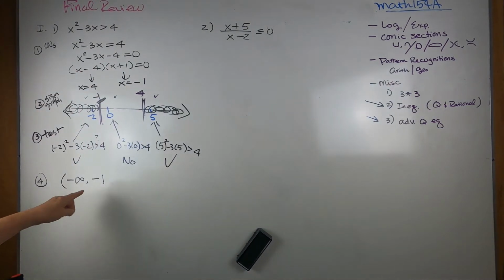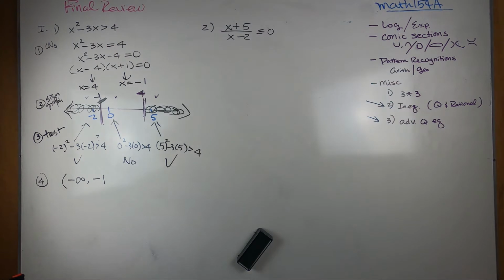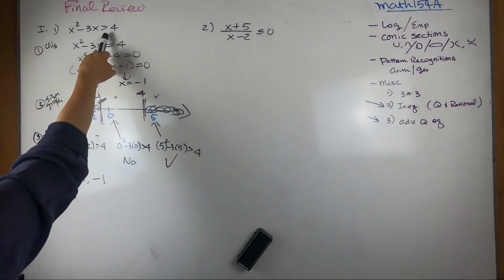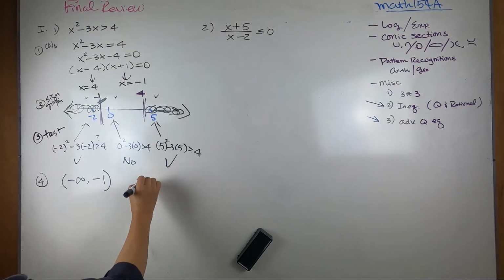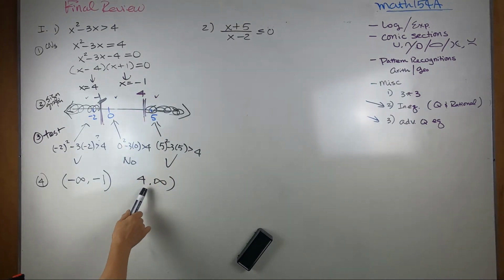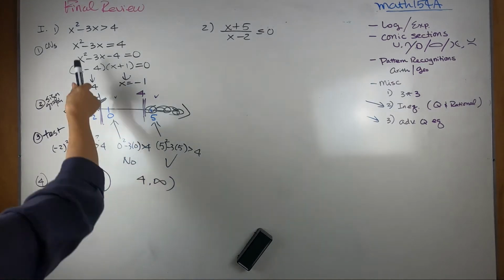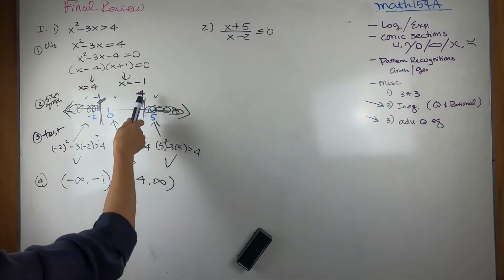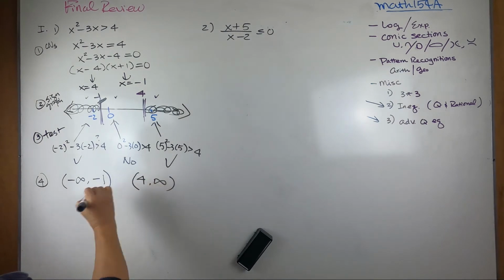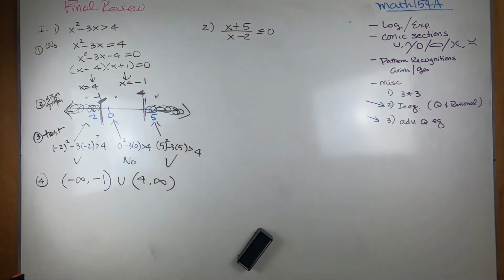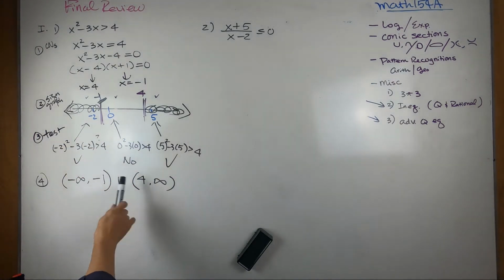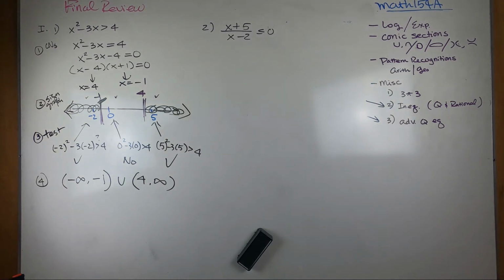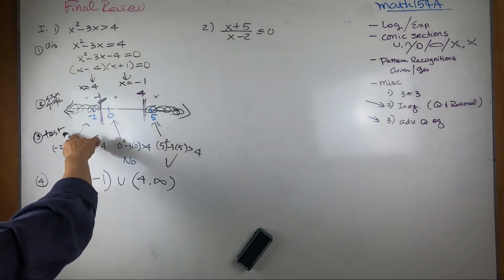So we cannot include the -1 because it's greater than, so it's a parenthesis. How about this side? 4 to infinity, should we include 4? Your plug-in should be equal, not greater than. So you should do that. Then the union sign means what? Put them together, right? So either in the middle or on the 2 sides.